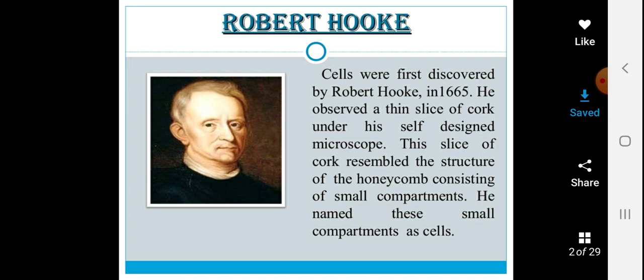This slice of cork resembles the structure of a honeycomb, consisting of small compartments. He named these small compartments cells. This way he first identified the structural and functional unit of life, which we call the cell.